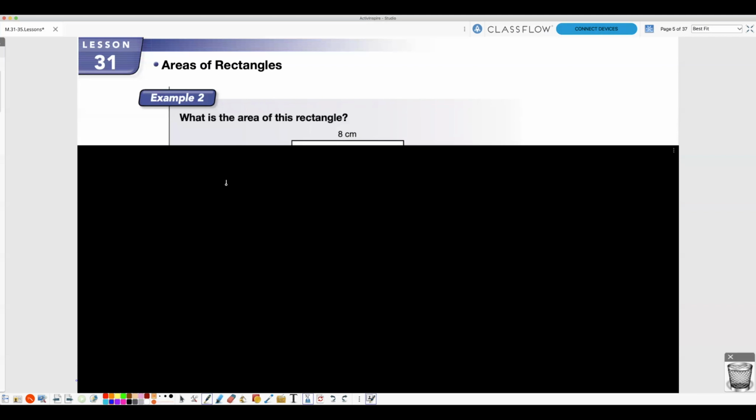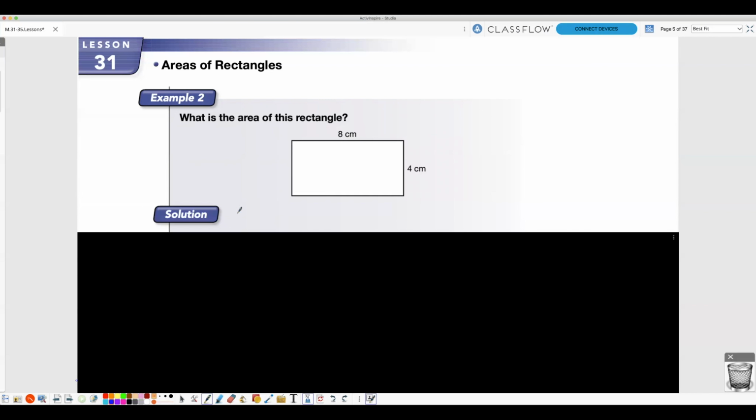Example 2, what's the area of this rectangle? So if you've got 8 centimeters and 4 centimeters, remember the area equals the length times the width. And in this case, we know what the length is. We know it's 8 centimeters. And we know what the width is. It's 4 centimeters. So we're going to multiply those out. The number would be 32. 8 times 4 is 32.